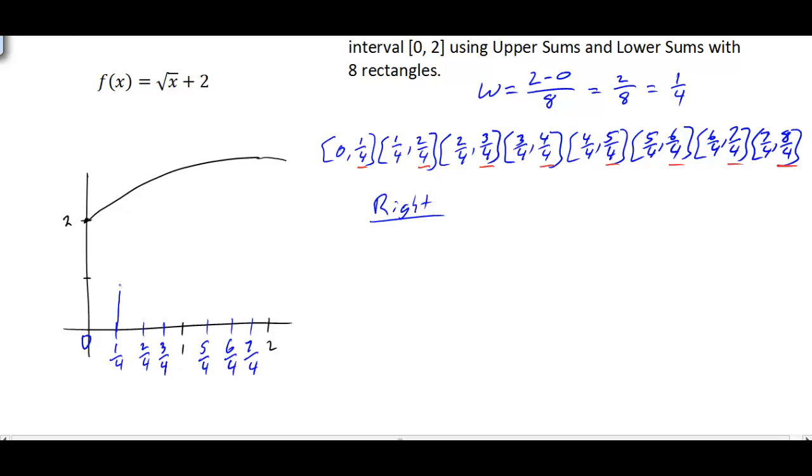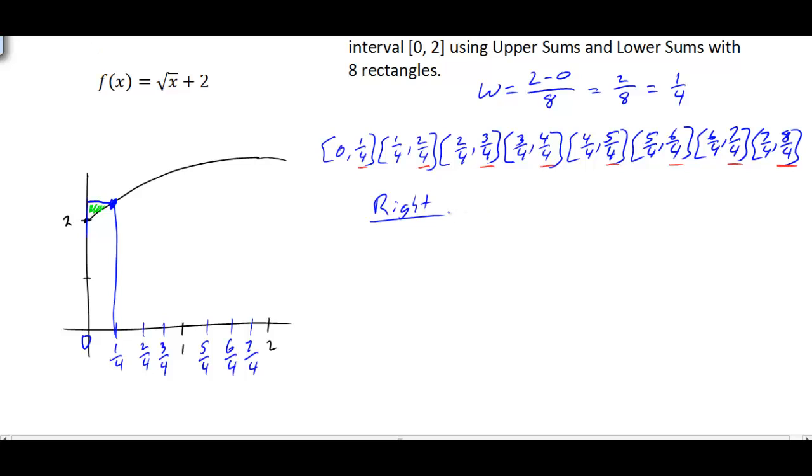I would go up to the graph and then over, and that would give me my first rectangle. Now, if we go up and over, notice our point here, using our right endpoint, we are now looking at finding the upper sums for this example because our rectangle is going above the graph.